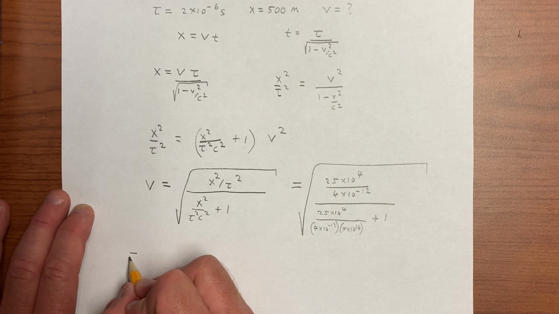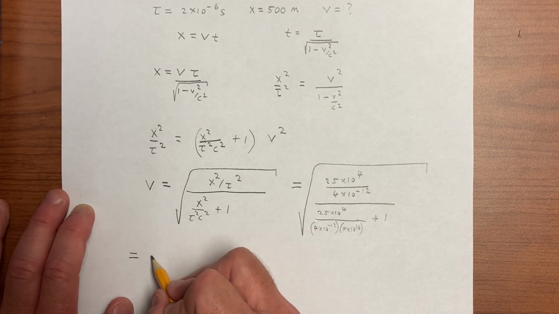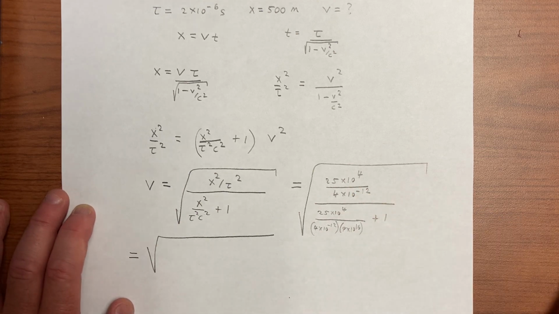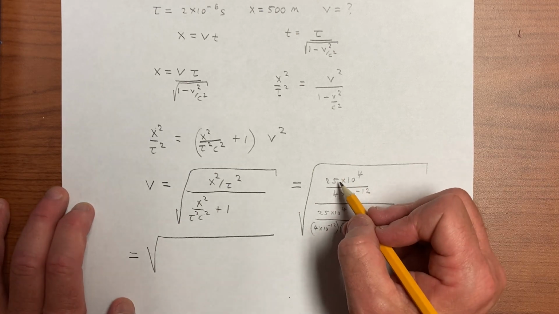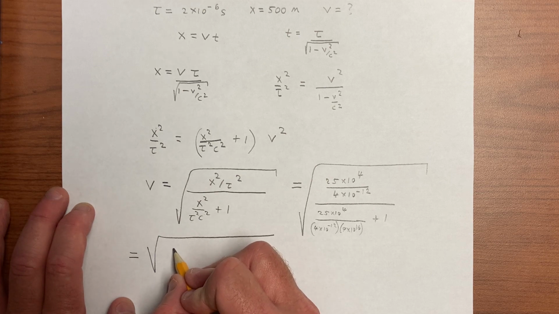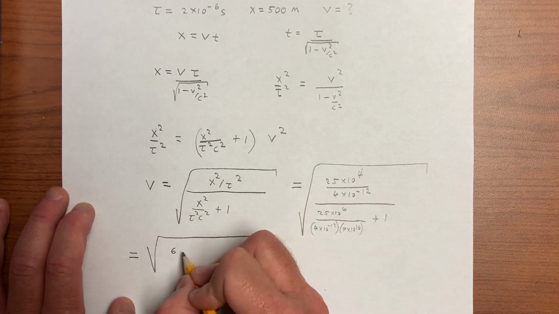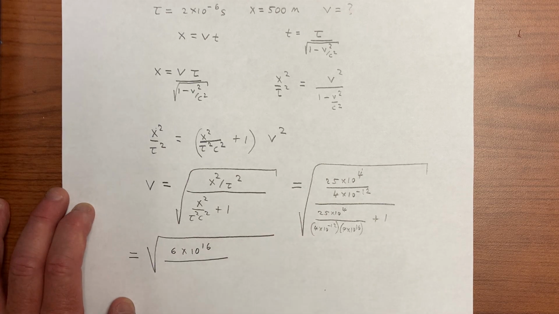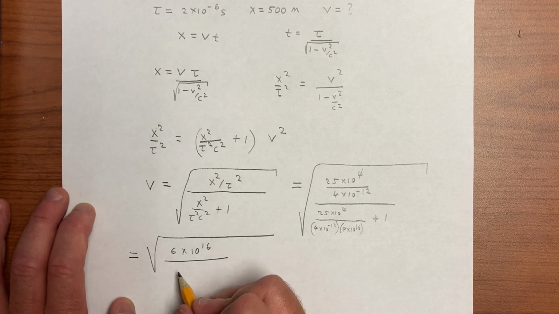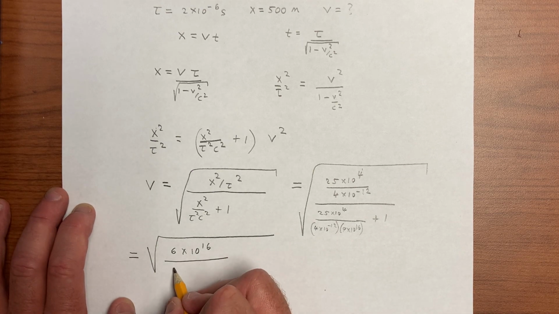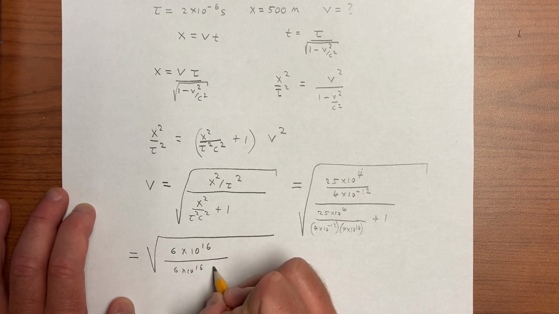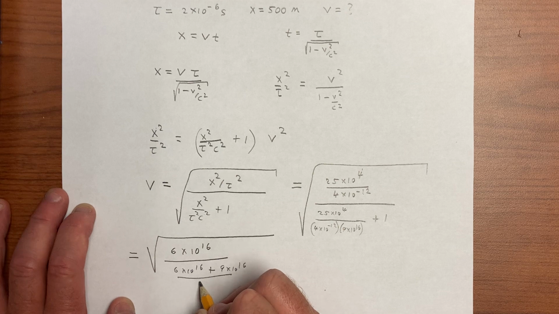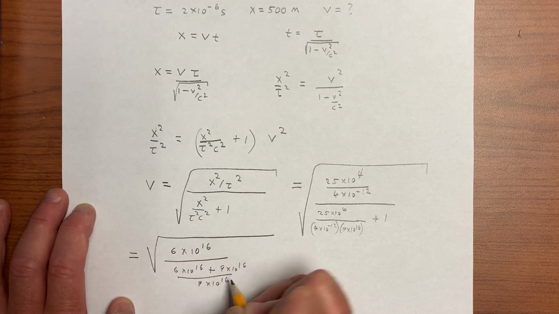So we have the square root of, let's see, 25 divided by 4, 6, 12, 18, 24. So really it's a little over 6, but let's just leave it at 6. 12 and 4 is 16, so 10 to the 16. We're dividing by 6 times 10 to the 16, 9 times 10 to the 16 over the common factor, which is 9 times 10 to the 16 here.